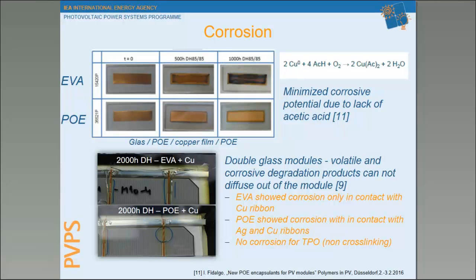And in our case, we just saw it because we made a double glass module where, let's say, there was no permeation into or out of the module. So, more harsh conditions than in a glass-backsheet module.